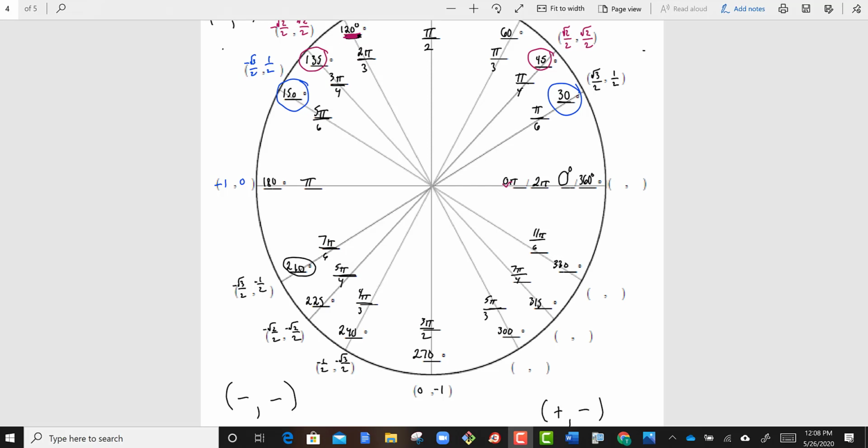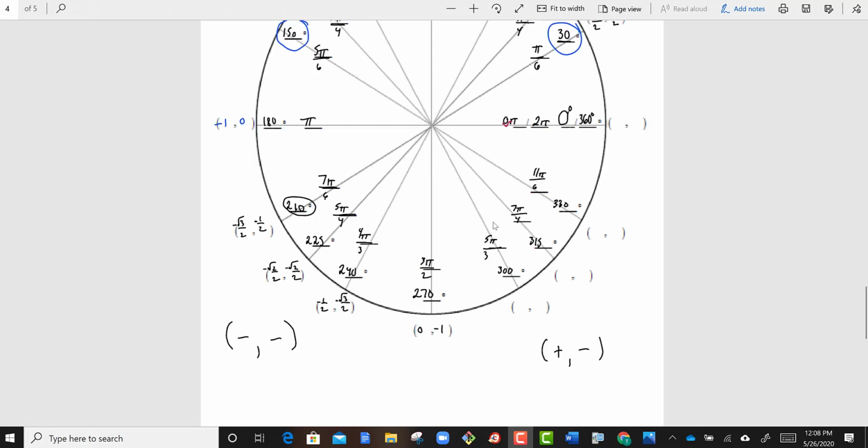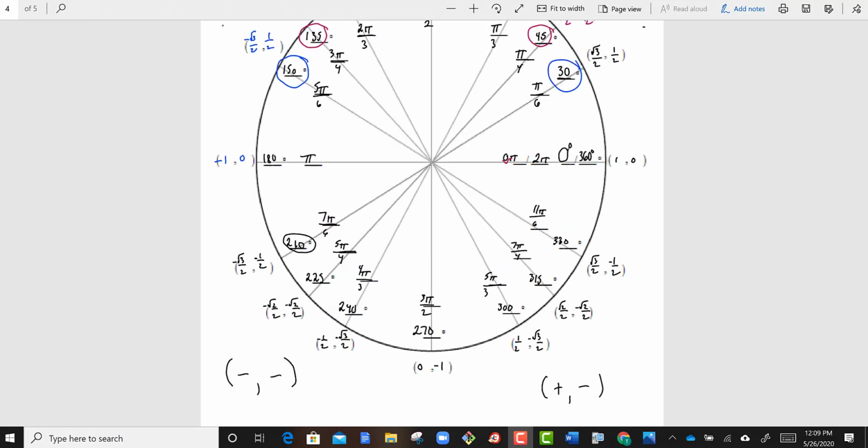Keep in mind the x and the y's are both negative in this quadrant, which, though we're not talking about tangent in this video, means tangent would be positive in the third quadrant because a negative divided by a negative is a positive. Try the last quadrant. And then there's the rest of our unit circle.